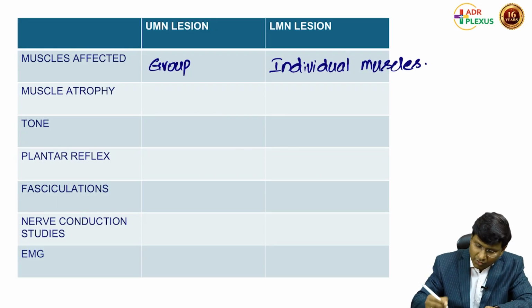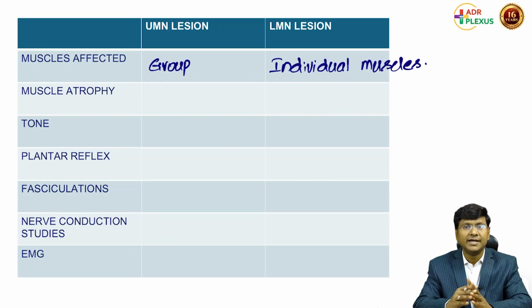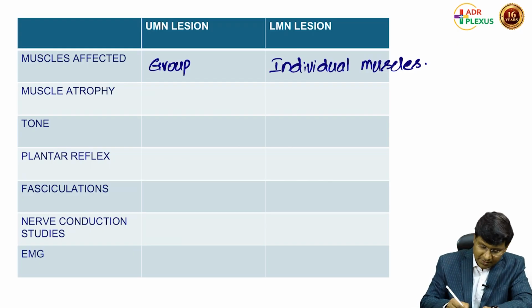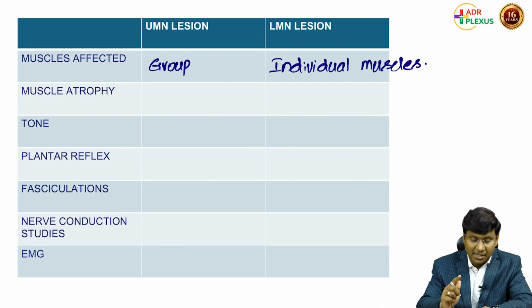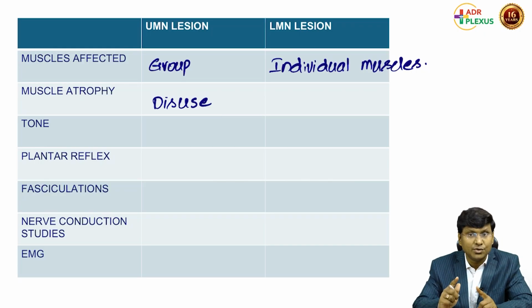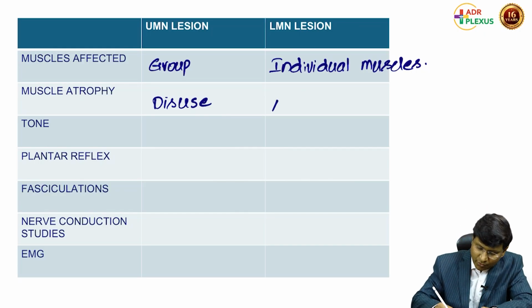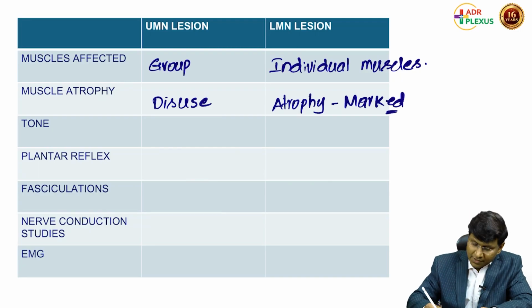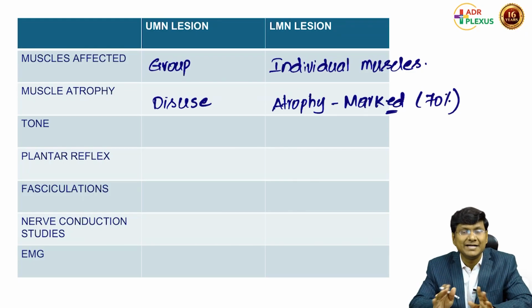Regarding muscle atrophy, in upper motor neuron lesion we call it disuse atrophy. Whereas in lower motor neuron paralysis, it is marked atrophy, or atrophy that occurs in bulk. Almost 70% of the total bulk of the muscle gets atrophied.